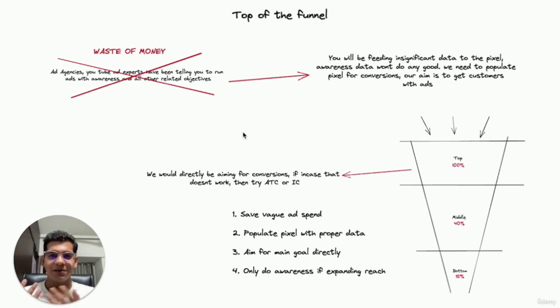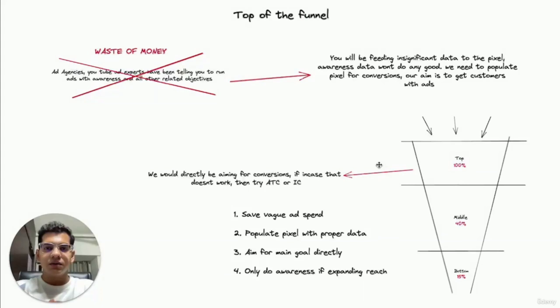From a very financial point of view, I am here to make money. I am here to give Facebook 1 rupee. So we don't want to waste our money on any objective other than earning money. That's what at least we believe in.